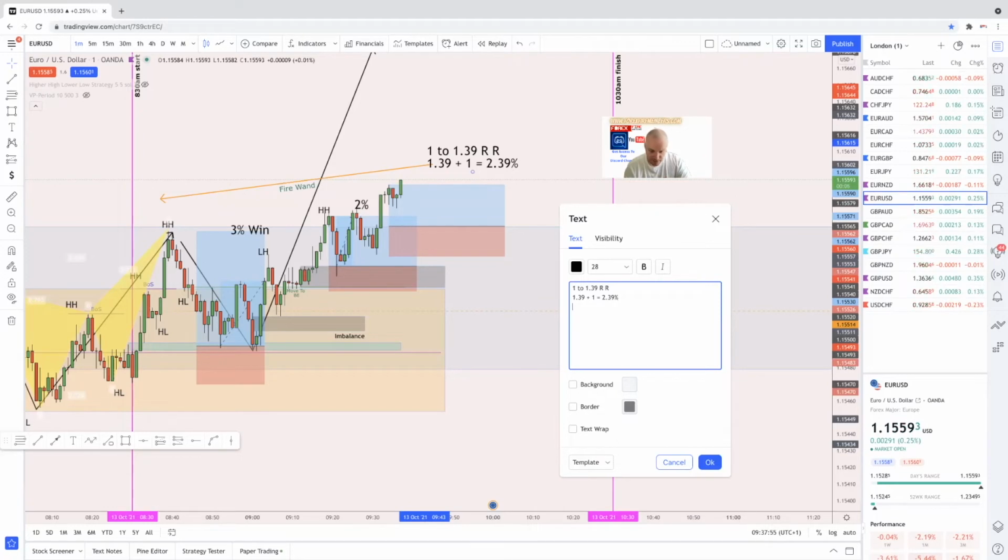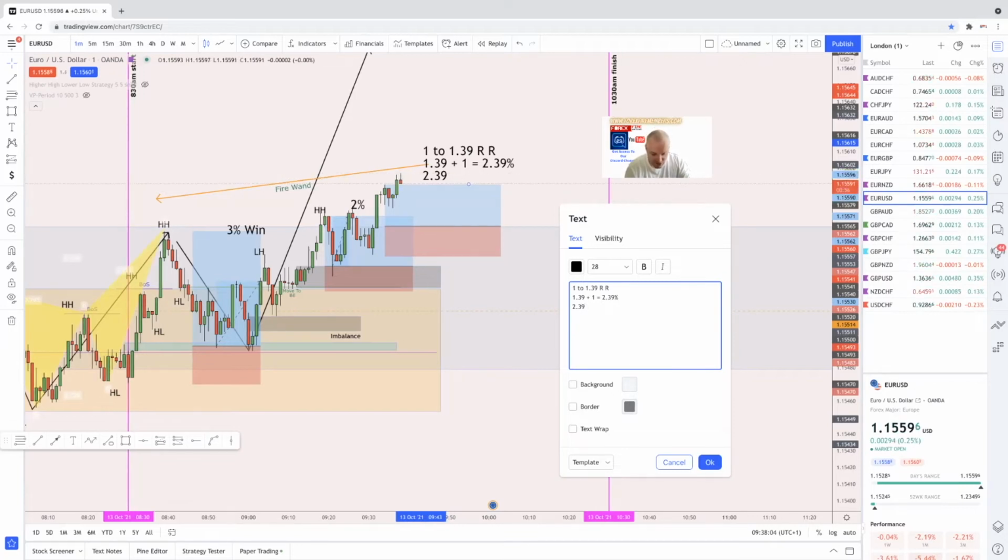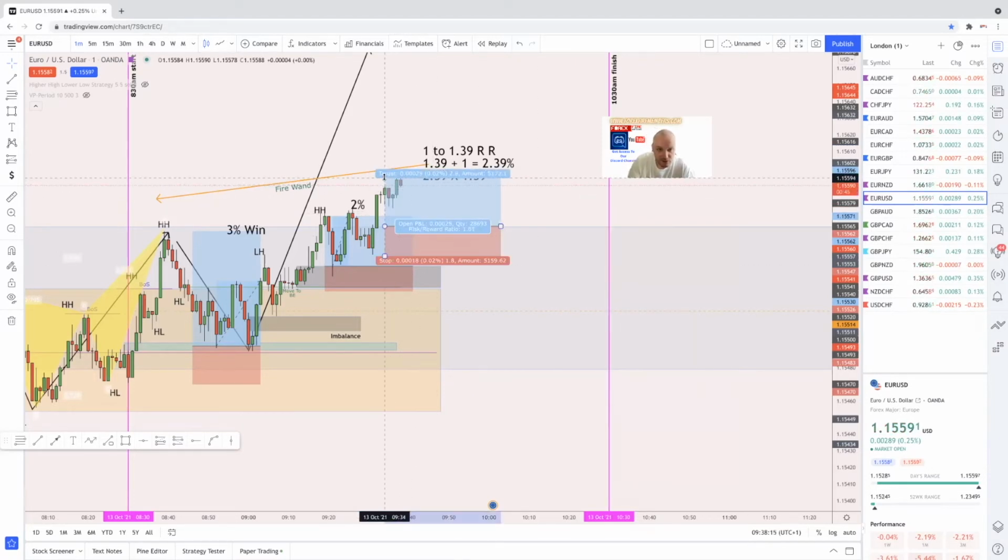So then you're going to be risking 2.39, and you just times that. You're going to times it by the 1.39 risk to reward, okay? Again, you could make that a little bit higher, to be fair.